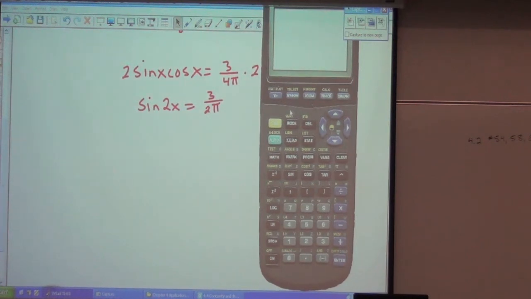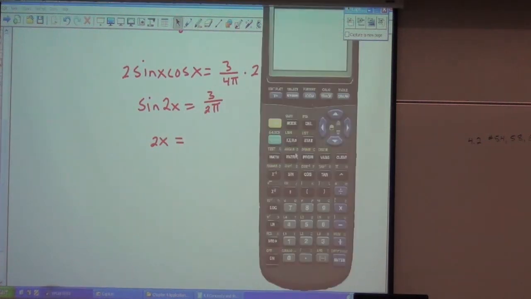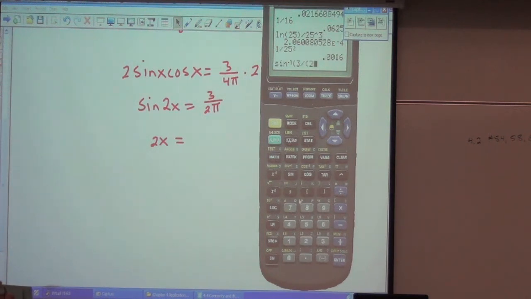So we actually have the arc sine, right? Since we have 2x. Yeah, well, I want to know what 2x equals. So I can't think of a way to do this without a calculator. So I have to come in here, I'm in radian mode, so I'll do the arc sine of 3 divided by 2 pi.